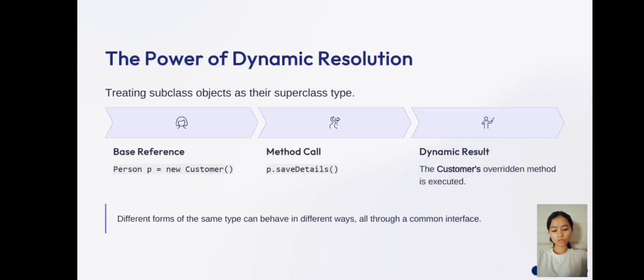This slide shows how polymorphism works in action. Here we have a base reference: Person p equals new Customer. This means we are treating a Customer object as a Person type. Then we call the method.